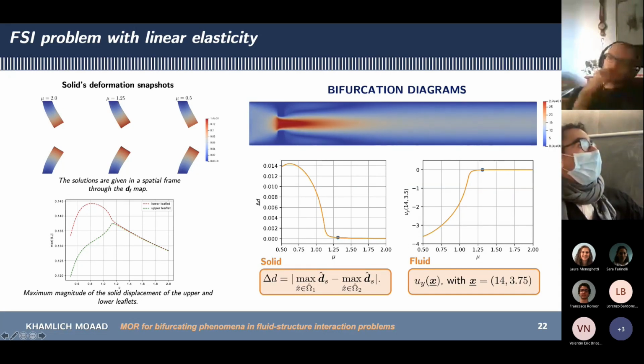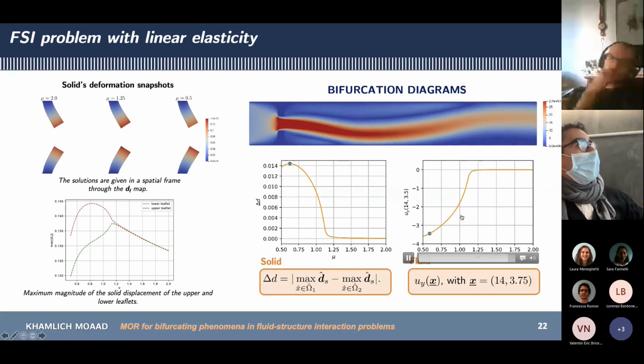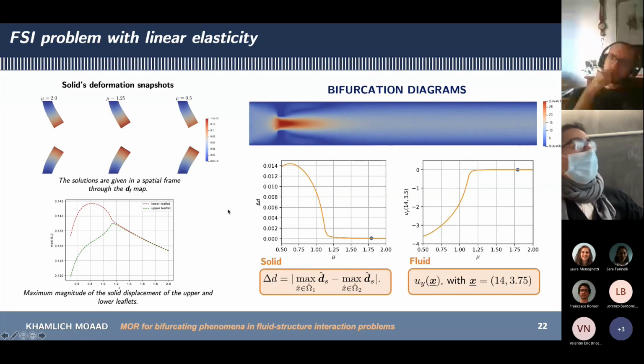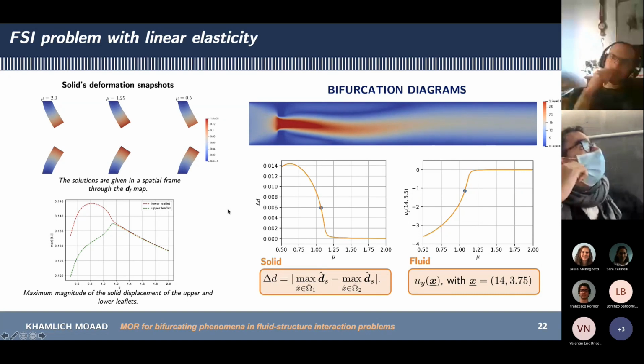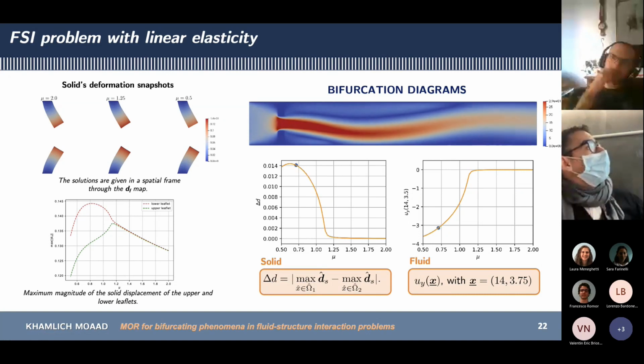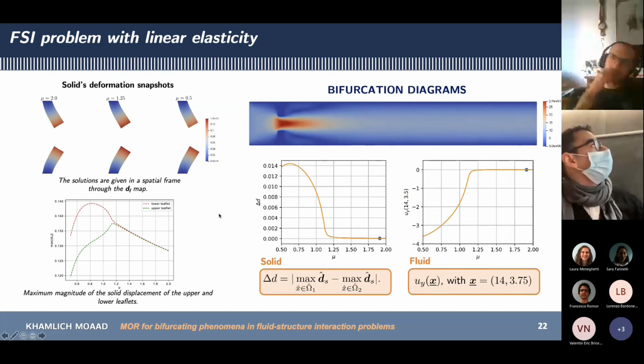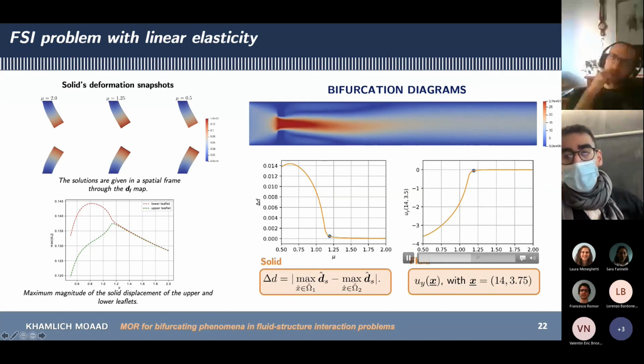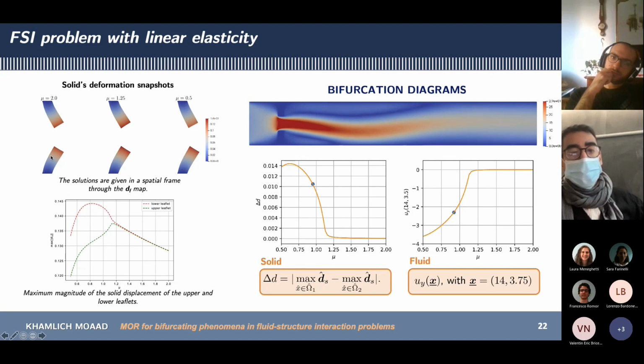So when we are looking at what happens at the fluid, it will be more or less the same as what we've seen before, but we were interested in understanding how the bifurcation manifests at the solid phase level. And in order to do so, we plotted the maximum of the amplitude of the displacement fields for the upper and the lower leaflets.